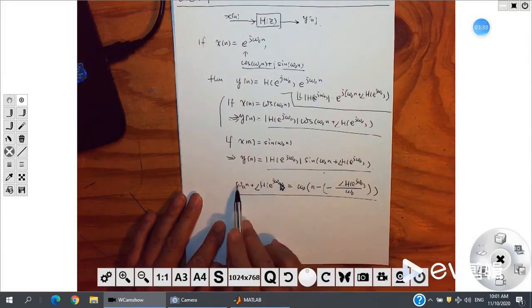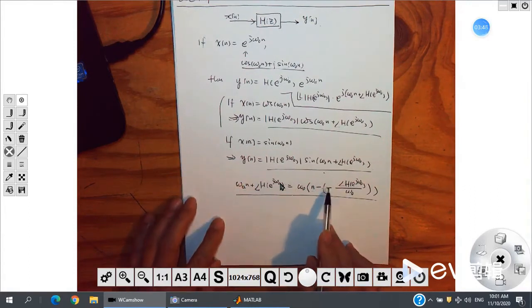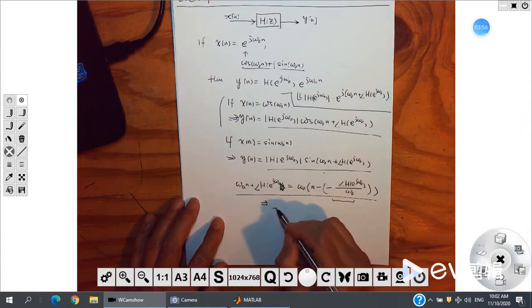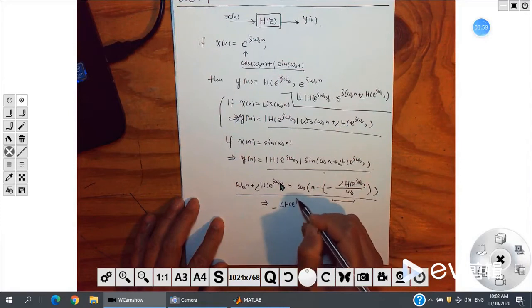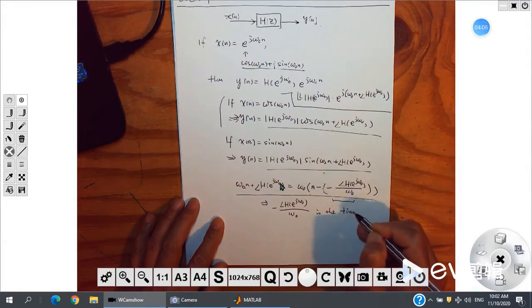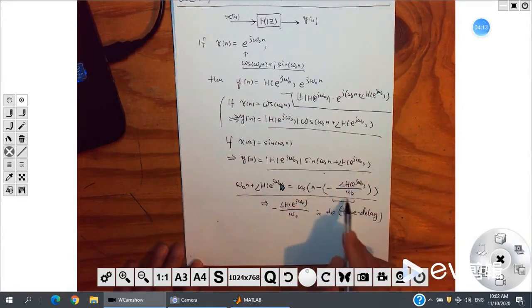You take omega 0 outside, then this is n plus the angle of h over omega 0. But I need a minus. If we write it this way, this part, negative angle of h over omega 0, is the time delay. It is a delay of n by this element.